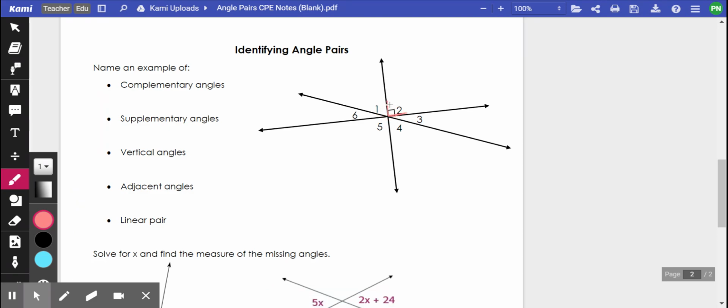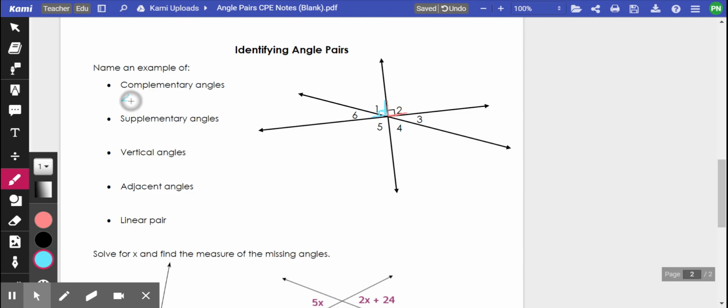But I can't say that just one angle is a complementary angle because it needs to be a pair of angles, meaning two angles. So in other words, we want to look at which two angles would form this type of right angle. Right next to it on the left-hand side, we have angles 1 and 6 forming a right angle as well.